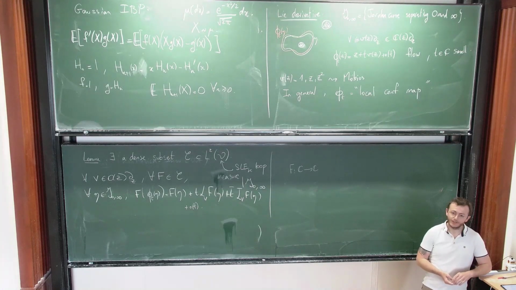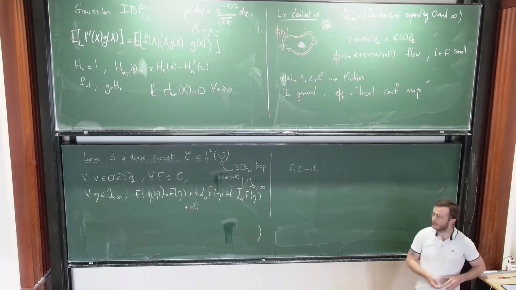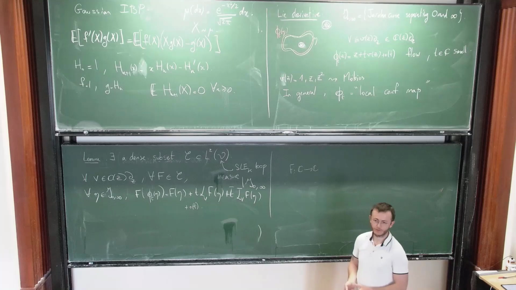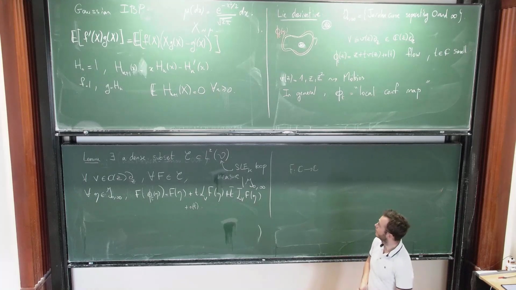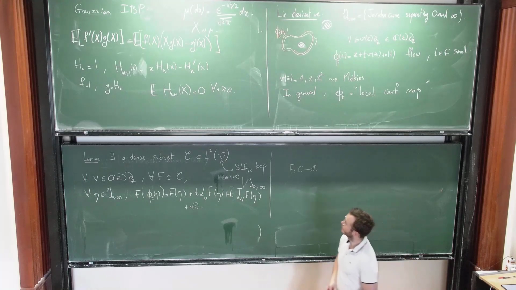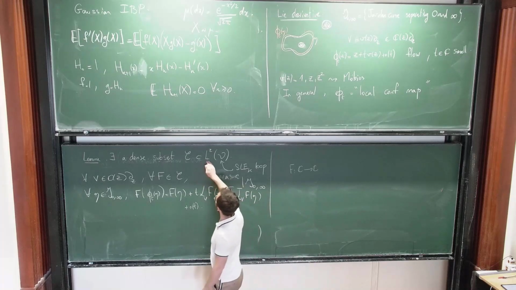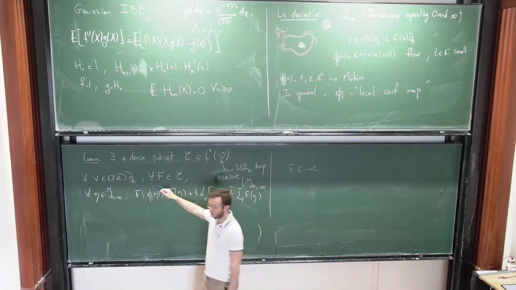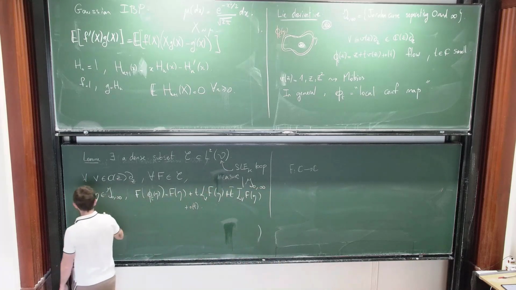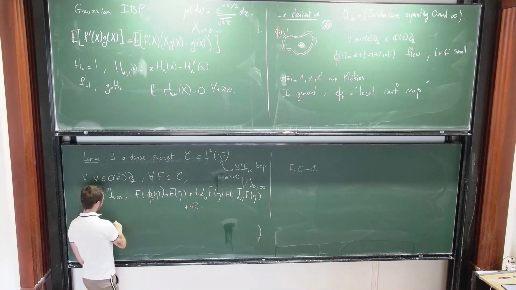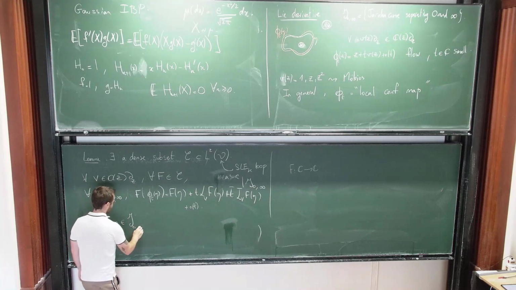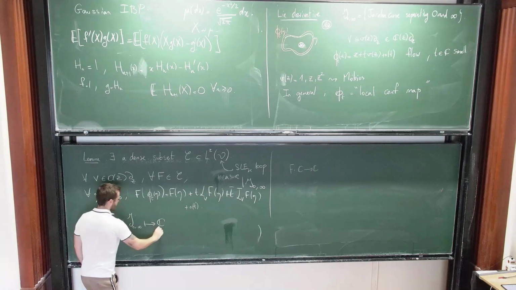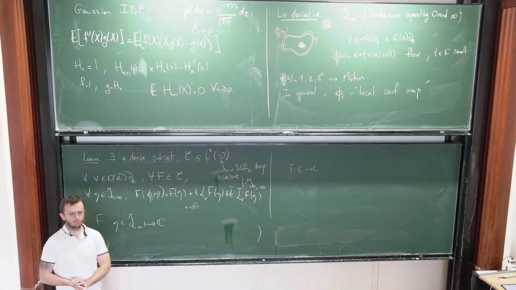I have a question on notation, sorry, I'm lost. So F is a test function. So C is a subset of L2, so F belongs to that. So F is a function of the Jordan curves. F takes the Jordan curves to C. Yes. F is a test function.